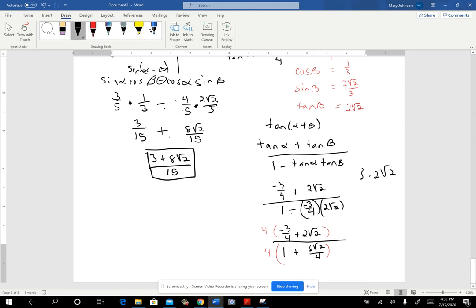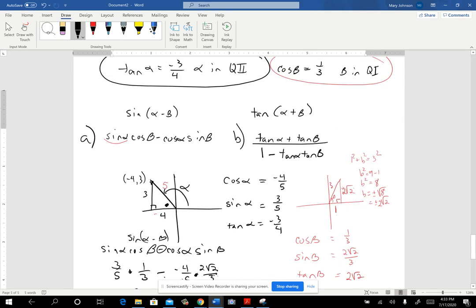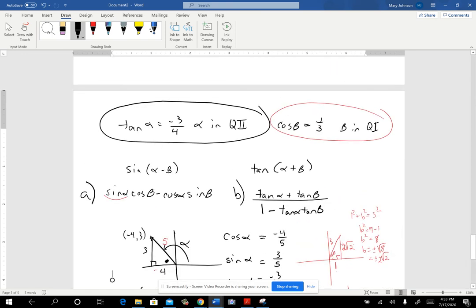So let's see where that gets us. That would be minus 3 plus 8 square root of 2 on top, and then 4 plus 6 square root of 2 on the bottom. All right, so we got a little more tedious algebra to do, but we can make it. So we'll finish that up.